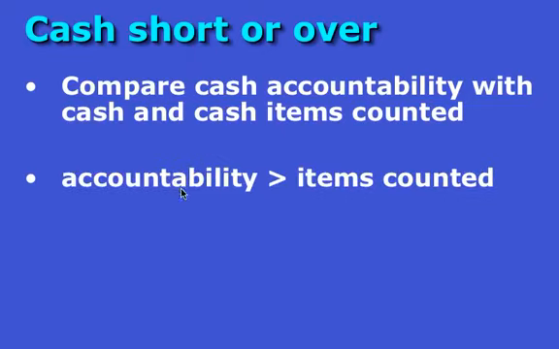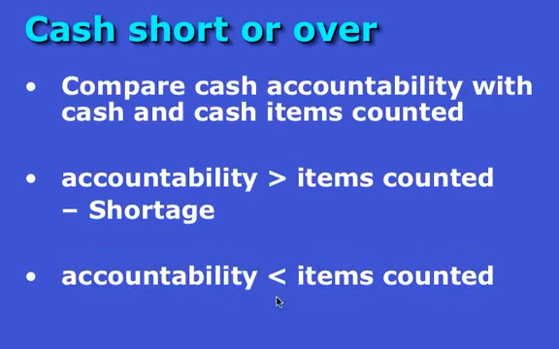If the accountability is higher than the items counted, may hindi na-account. Kulang yung na-account, short. The opposite, over. So, pag magkaiba yung accountability at yung items counted, either short or over yan.